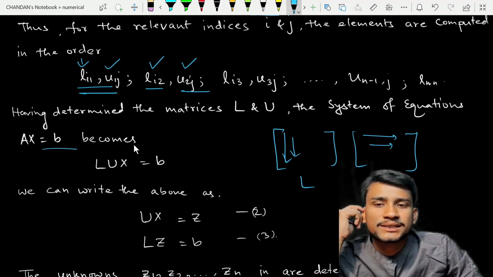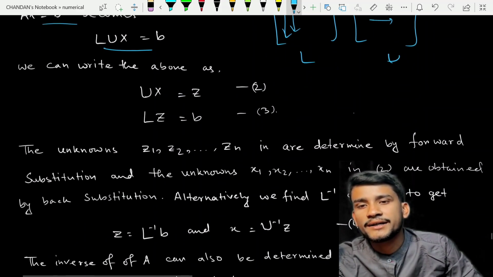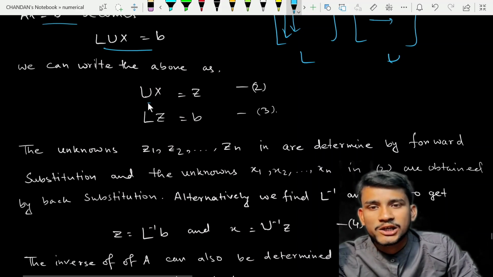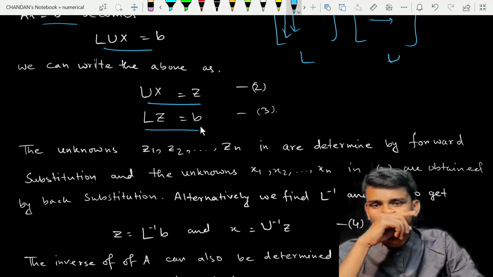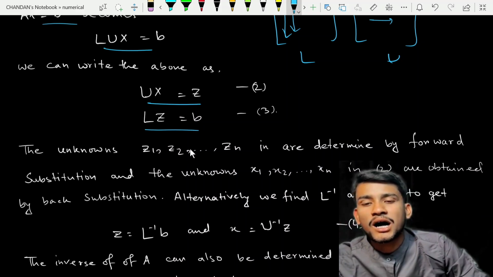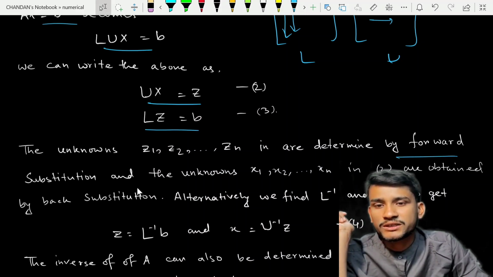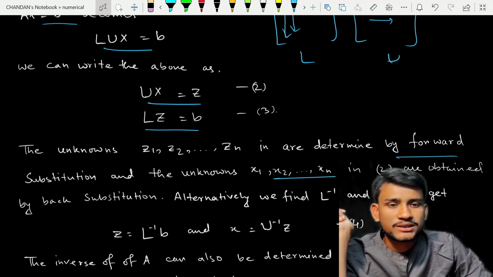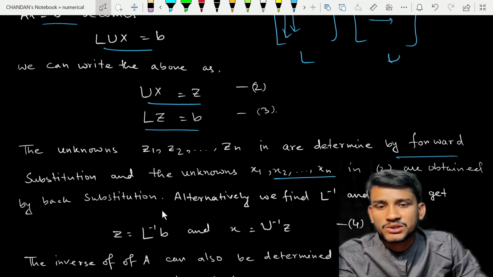The equation Ax equal to B becomes LUx equal to B. We can write the above as Ux equal to Z and Lz equal to B. The unknowns Z1, Z2, up to Zn are determined by forward substitution, and the unknowns x1, x2, up to xn are obtained by back substitution.